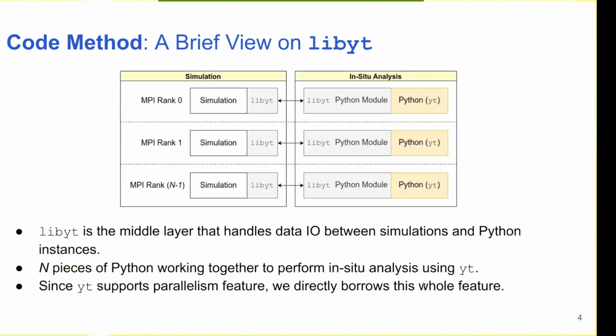So, a brief view of libyt. Libyt is the middle layer that handles data I/O between simulations and Python. If we launch the simulation code in an MPI process, each MPI process contains one simulation, one libyt, and one Python instance. These Python instances work together to conduct in-situ analysis.